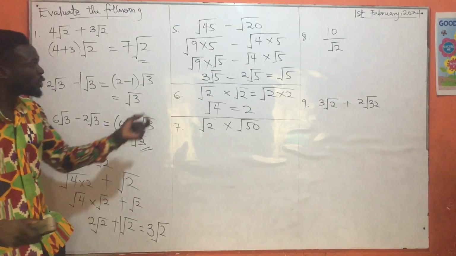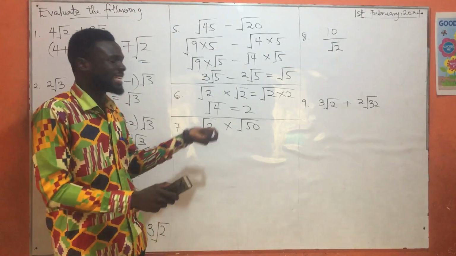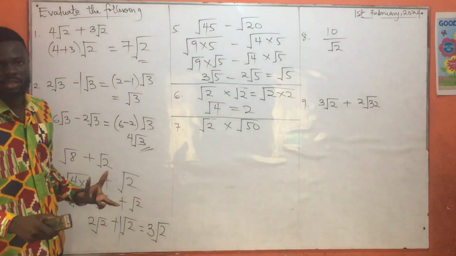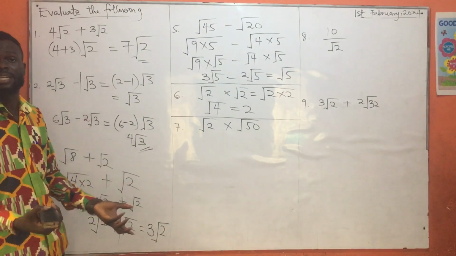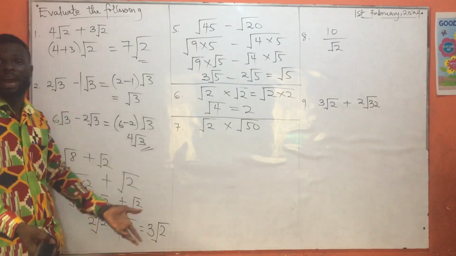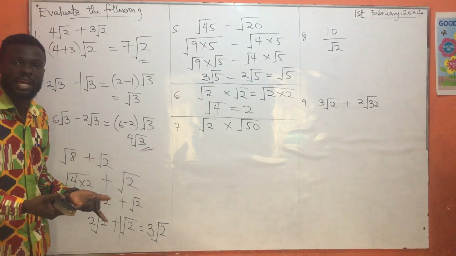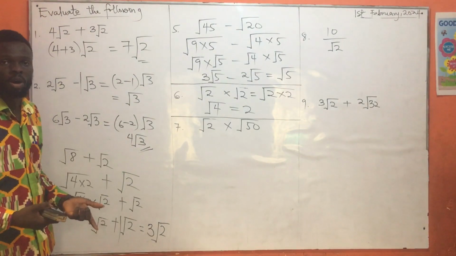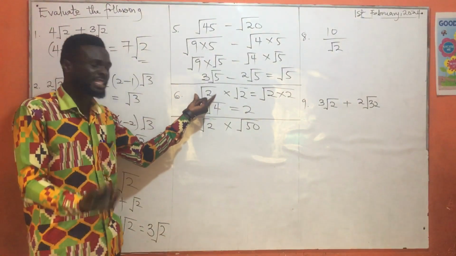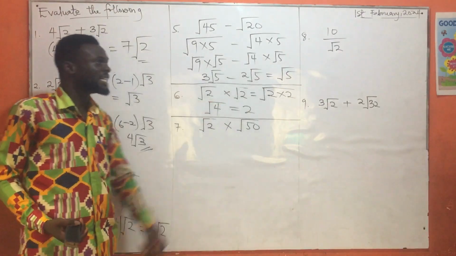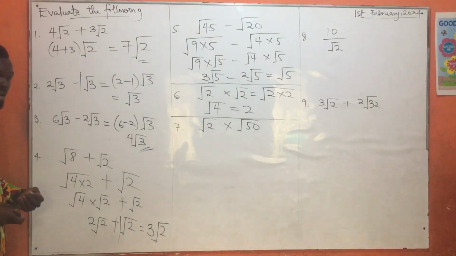But we should multiply if the surd that we have is a simple surd. A simple surd is a surd that cannot be simplified further. It is a surd that doesn't have a factor in it. So here surd 2 is a simple surd. This is also a simple surd. We just multiply, and that gives us the answer.